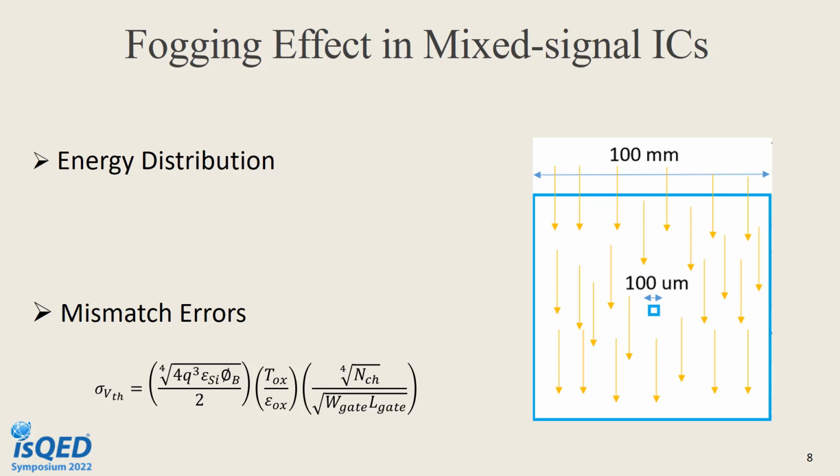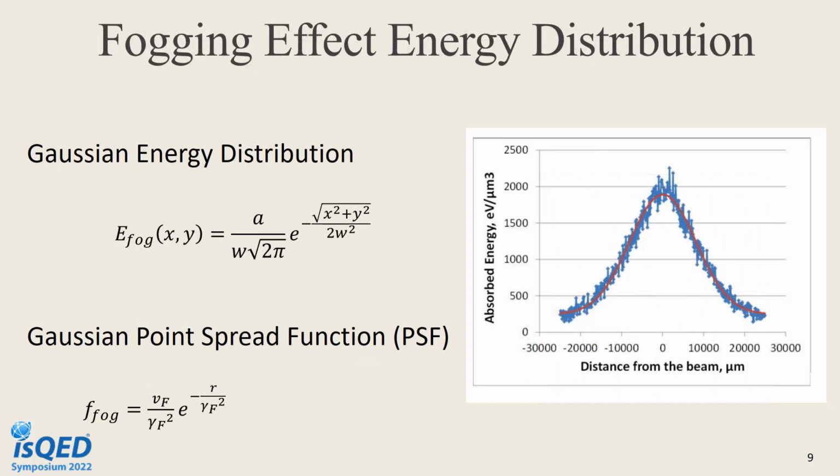So when we have a fogging effect, the gate length will be changed, so we have a variation, for example, in the threshold voltage. So we want to protect some sensitive devices from the fogging effect variation to minimize the difference of the change in those transistors in sensitive pairs.